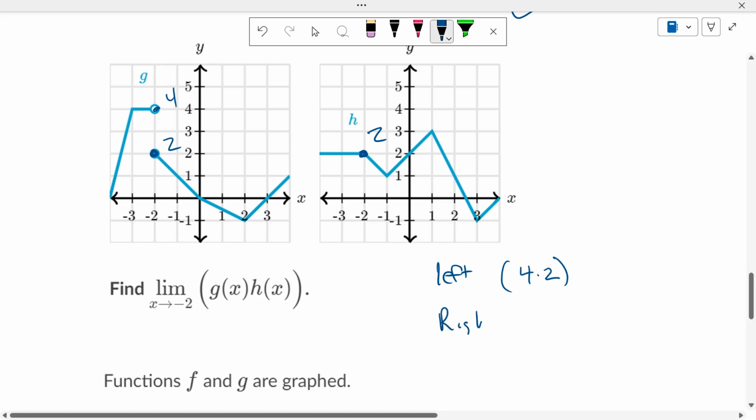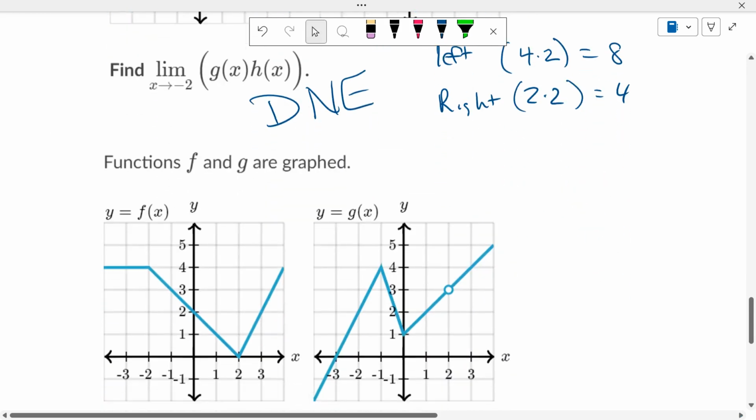And from the right, what would it be? Delaney? As we're coming from the right, this one is, and this one is. So it's 2 times 2, which is 4. So we got 8 and 4. They don't match, so the limit does not exist.